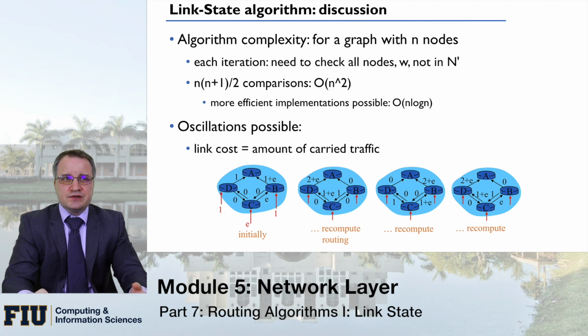One additional consideration is the link cost. This is not exactly part of the algorithm, because the algorithm is just an abstract concept, but the cost can be tempting to associate with the amount of traffic carried in the network, to use it for some form of load balancing. That can be a little bit dangerous.